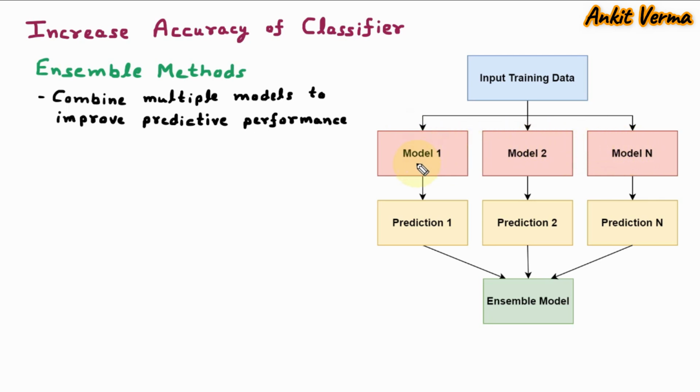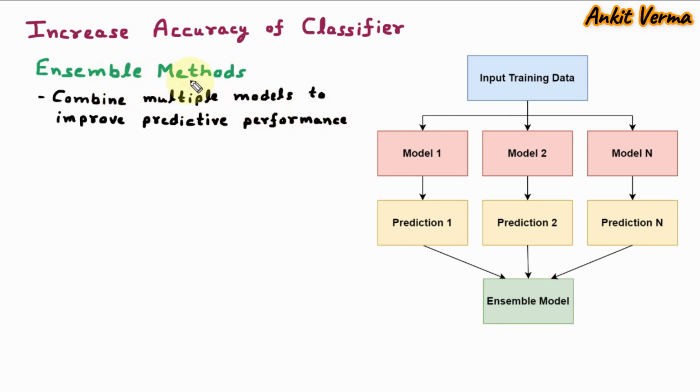Here we have model 1, 2 up to n. These models are giving their own prediction. It's like model 1 is giving prediction 1, model 2 is giving prediction 2 and so on till prediction n. Now these all predictions are combined and we can have accurate prediction.